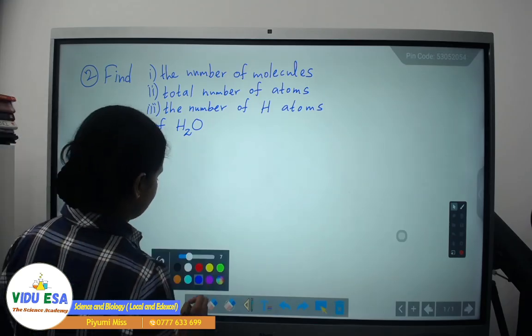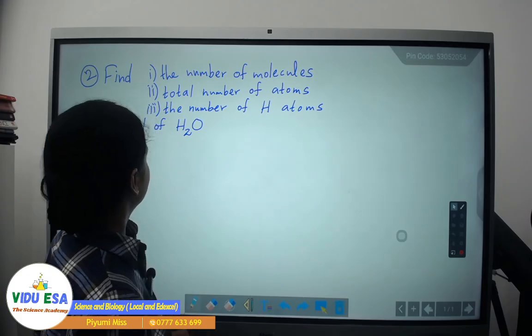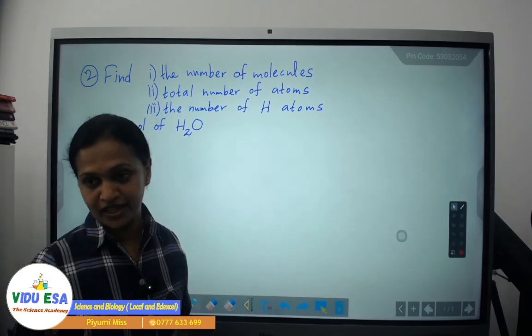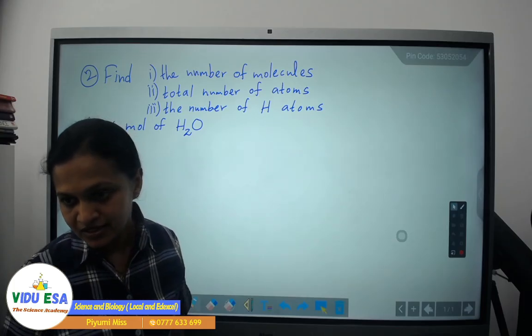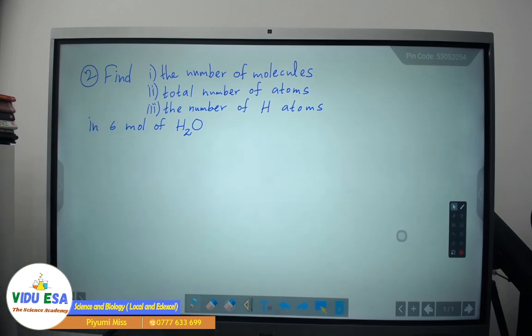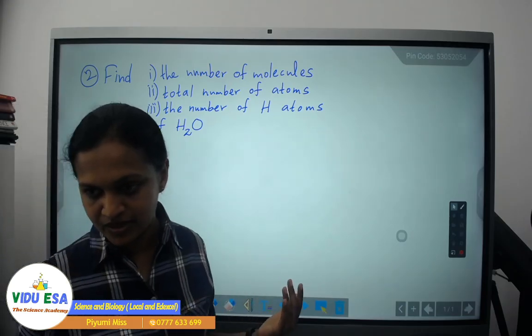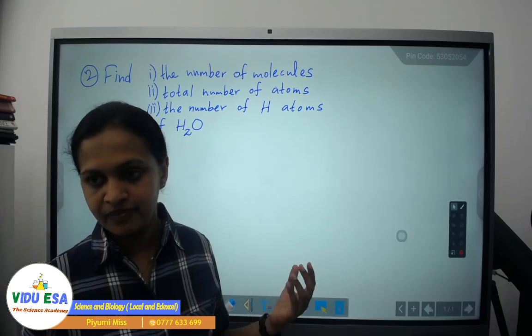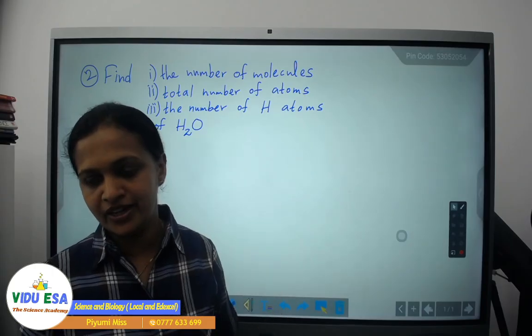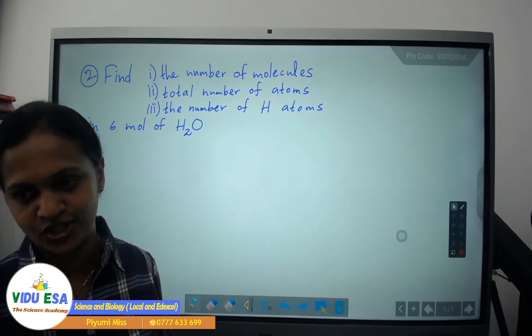Hari. So this talks about the water molecule, right? You are asked to find the number of molecules, the total number of atoms, and the number of hydrogen atoms in 6 moles of water, H2O.